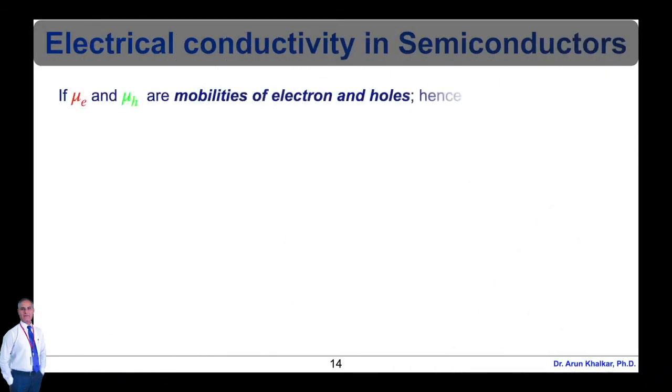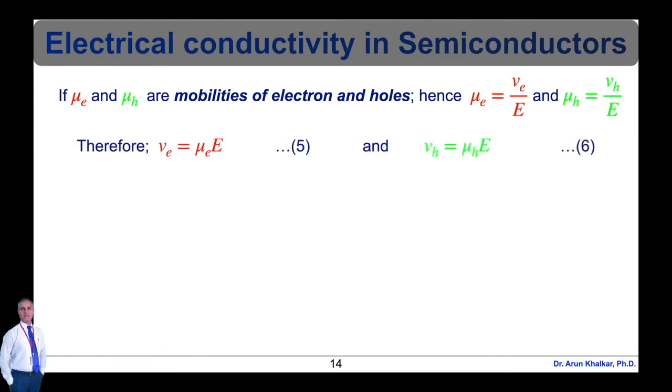Now if mu e and mu h are the mobilities of electrons and holes, hence mu e is equal to v_e upon E and mu h is equal to v_h upon E. Therefore, v_e is equal to mu e into E. Let's say this is equation number 5, and v_h is equal to mu h into E. Let's say this is equation number 6.